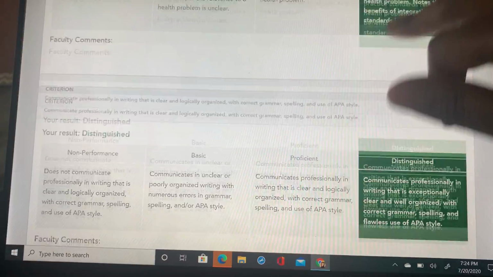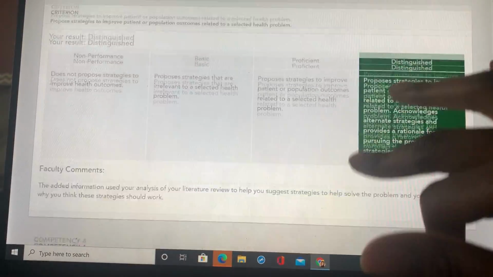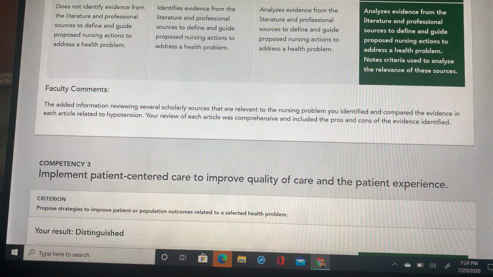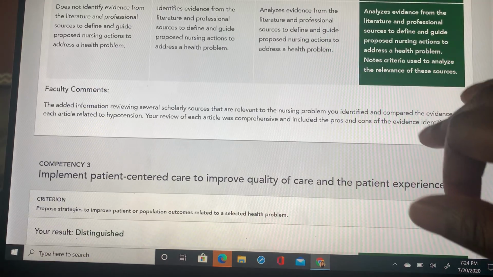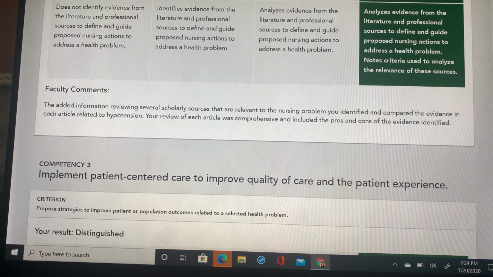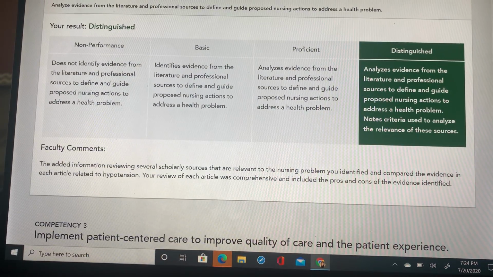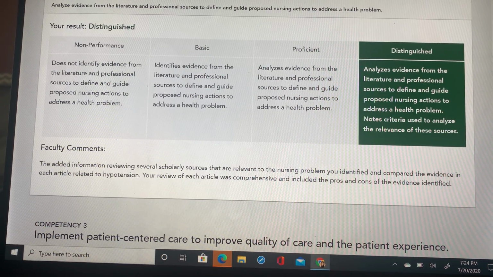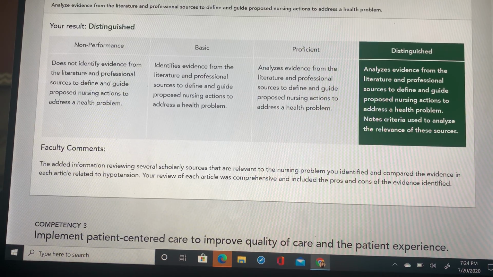Is that all the feedback? Oh, here it is. The added information reviewed several scholarly sources that are relevant to the nursing problem you identified and compared the evidence in each article related to hypertension. Your review of each article was comprehensive and included the pros and cons of evidence identified.